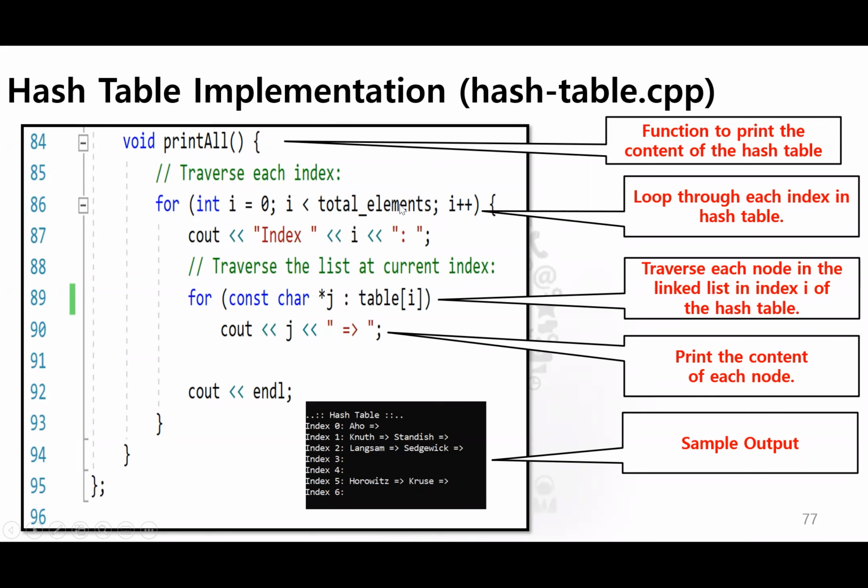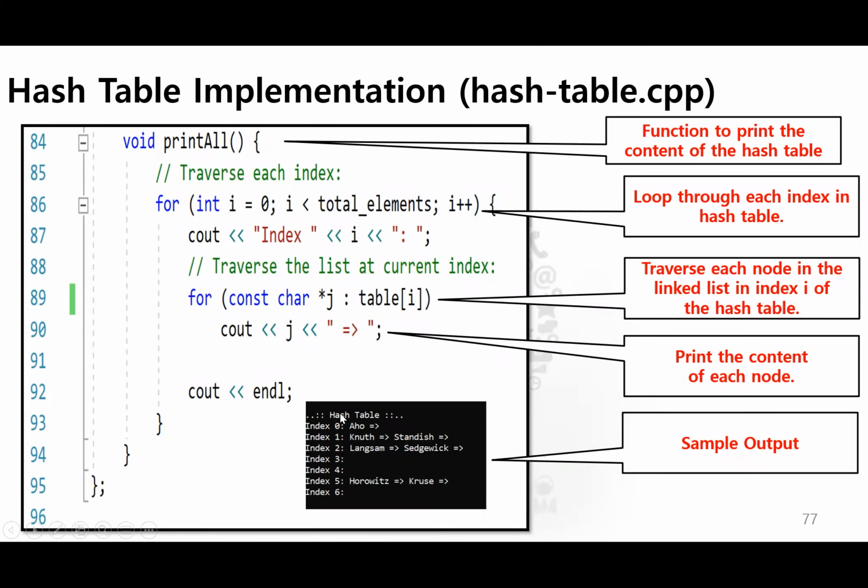Then for each element, I will have this for loop to go through the list that I store inside the element. Okay, and then I cout each name. The j is the name. You can access it like this if you use the STL list to go through. It's like going through every node in your list. Okay, this is like a short form.